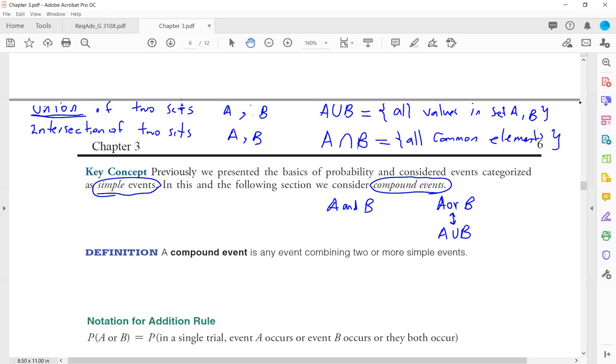So you find all common elements between A and B, and you call it the intersection of A and B. When you're talking about a compound event like A and B, you're talking about their intersection, A intersection B. So what is our goal? Our goal is to find the probability of compound events.